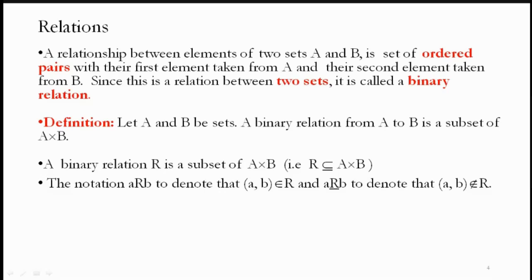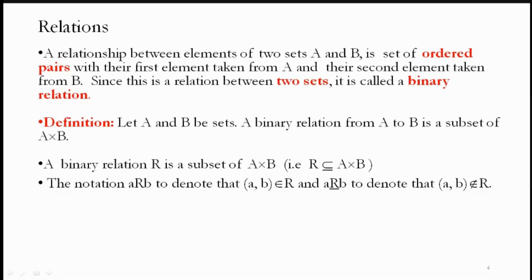Like that, as the number of sets involved in the relation increases, the complexity of the relation also increases. So here, definition: let A and B be sets. A binary relation from A to B is a subset of A cross B. A binary relation R is a subset of A cross B. That means whatever the resultant subsets that we find in the relation R is a subset of A cross B. Cross means here Cartesian product that we have seen in the last lectures.